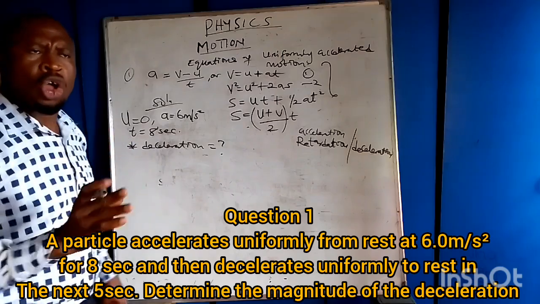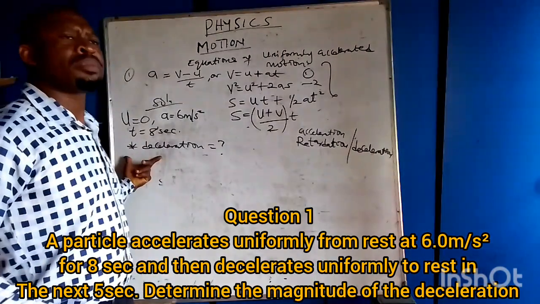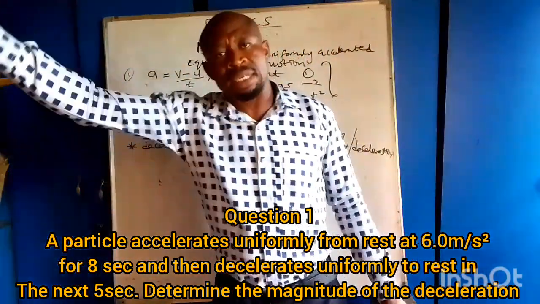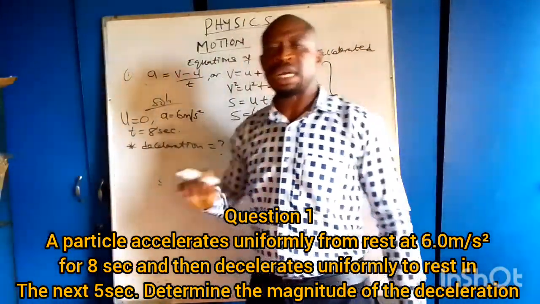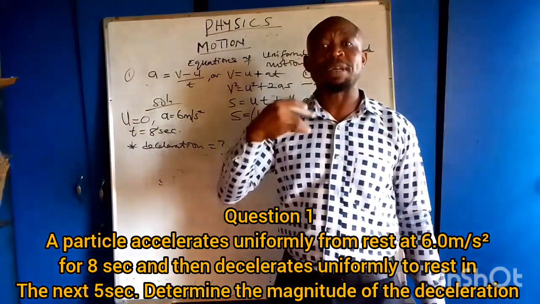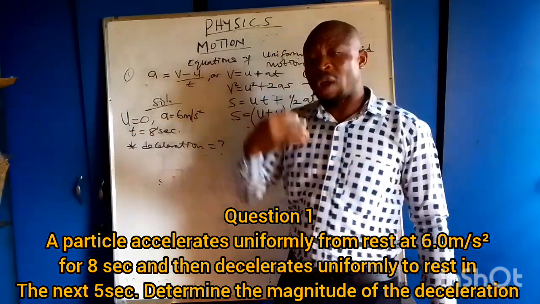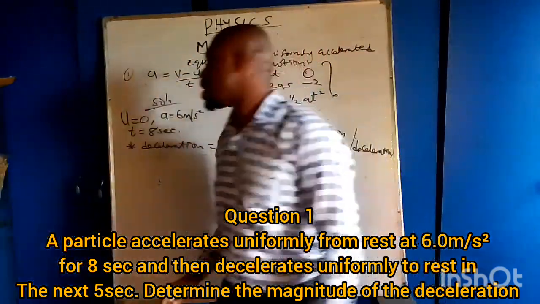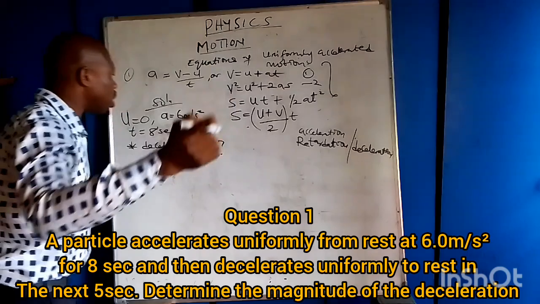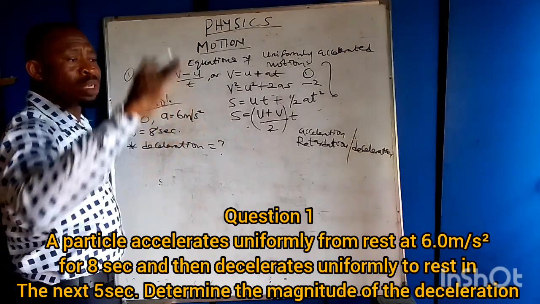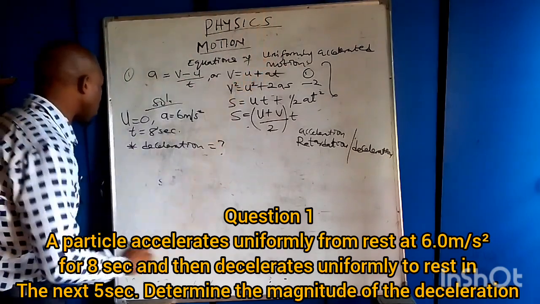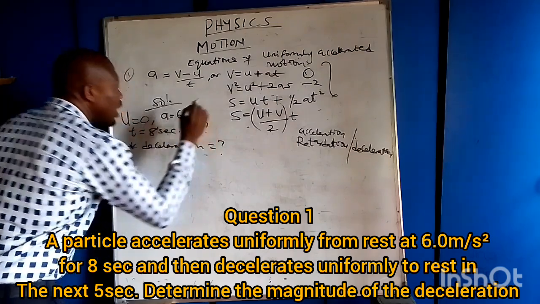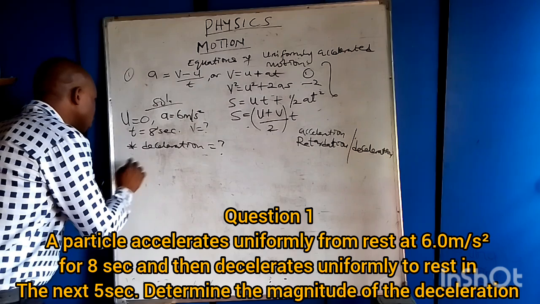Before we start calculating the deceleration, the body accelerated to a certain speed, and it is from that speed that it starts decelerating. So we must find that final velocity first.